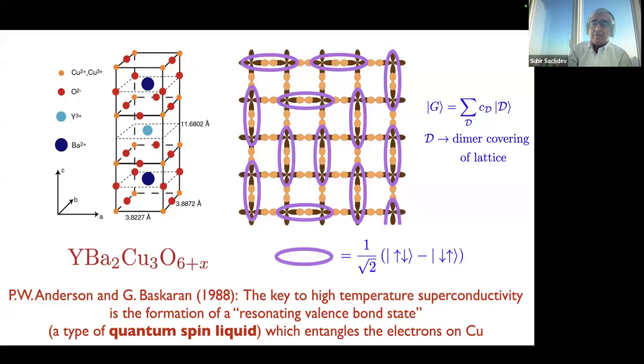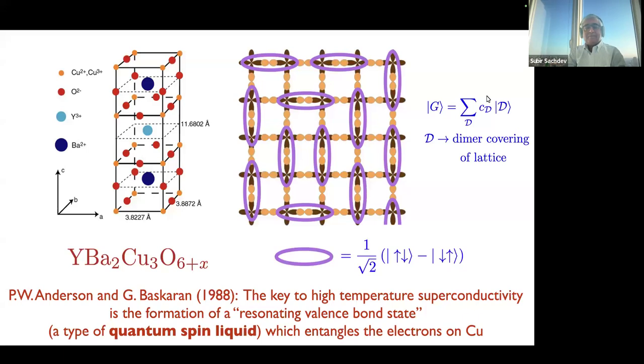And all of these combine to form a state that's macroscopically large. There's an exponentially large number of such dimer configurations, e to the 10 to the 23. And all of those are superposed in a coherent manner.